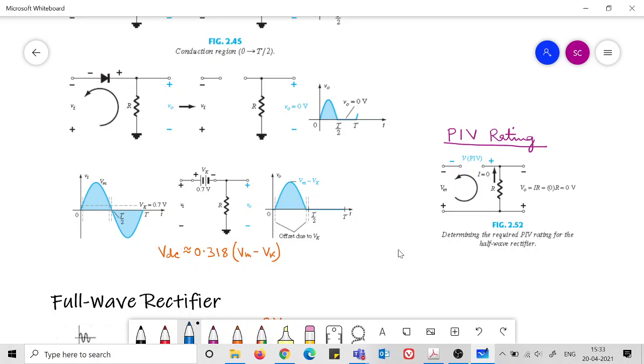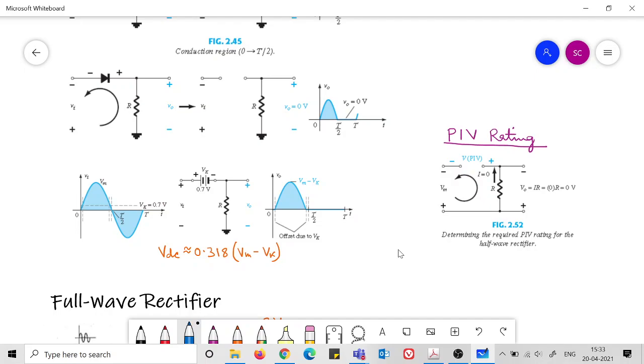The PIV rating is the peak inverse voltage. When I mention this, some of you have already understood what it should be. Maybe some of you have already read it in the book, because I have suggested reading before coming to the class.